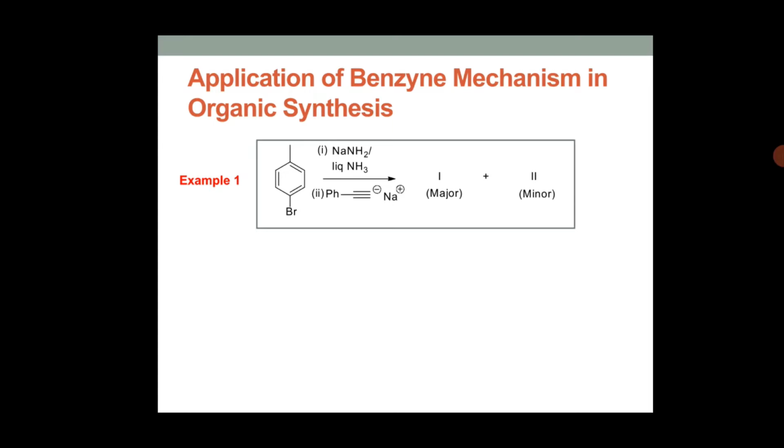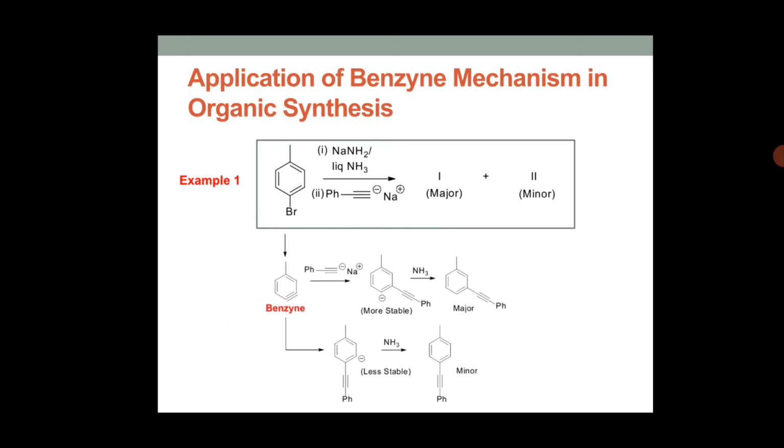Now, what are those two products? Now, look at the substrate. The substrate is para-bromotoluene. So it is an aryl halide. Now, aryl halides in the presence of a strong base like sodamide and liquid ammonia get converted to a benzyne intermediate.